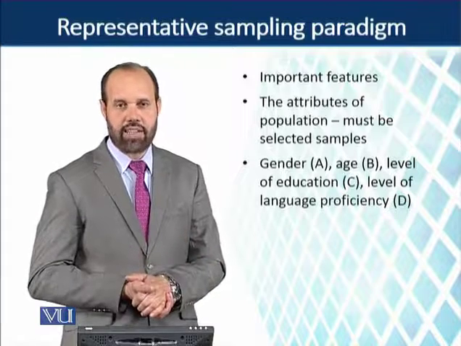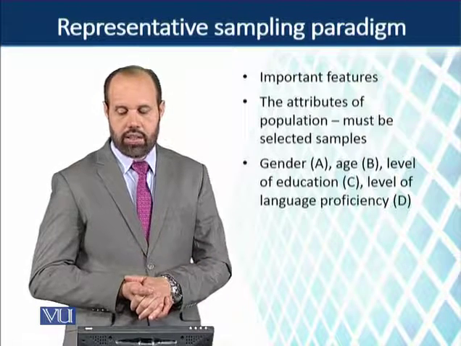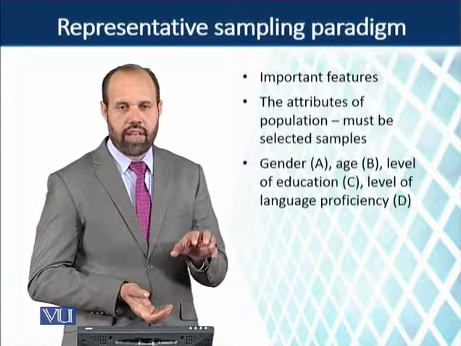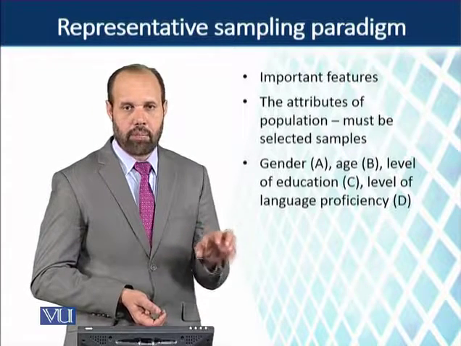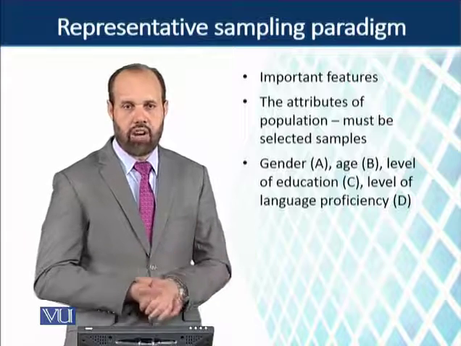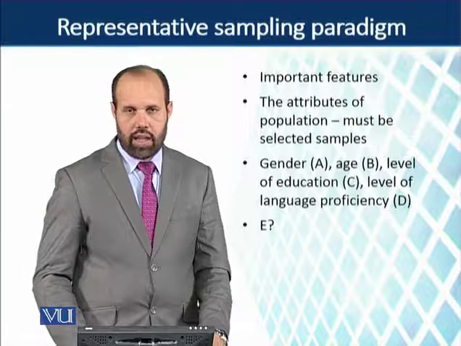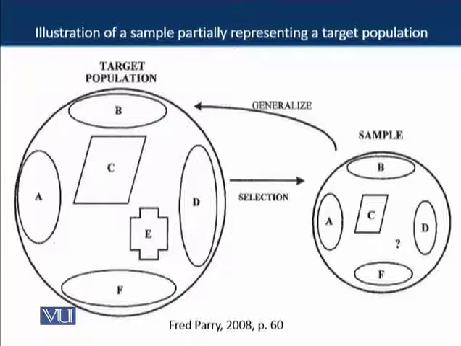For example, gender is A, then age is B, then level of education is C, and level of language proficiency is D. When we are looking for these four variables, and our group of observation is based on these variables, and there is one more which is found in the target population but is not available in the sample, this illustrates a sample which is partially representing a target population.